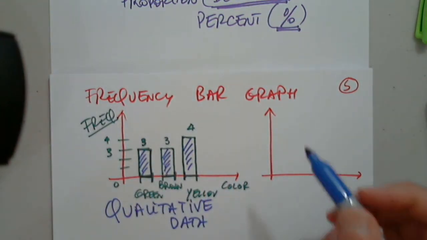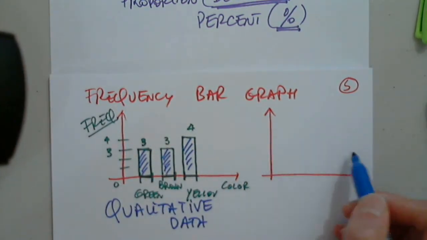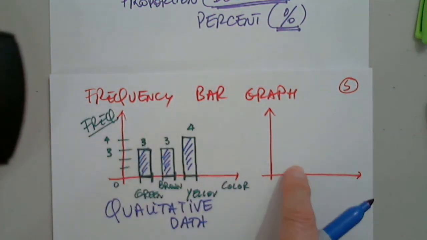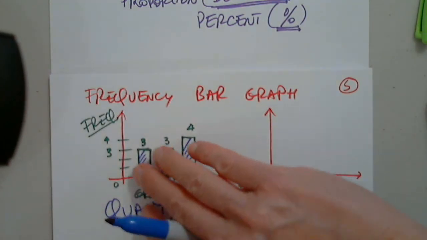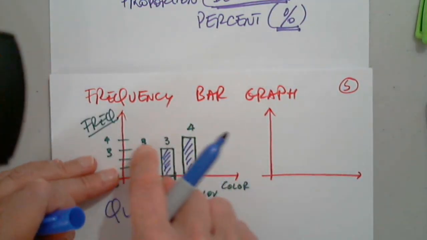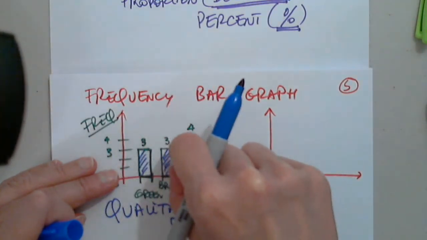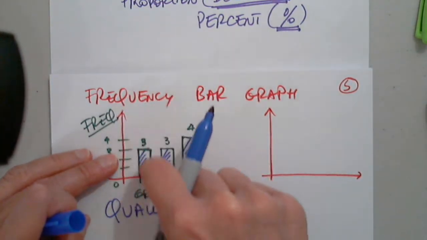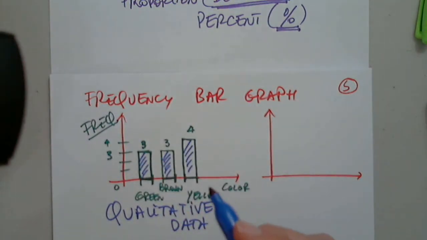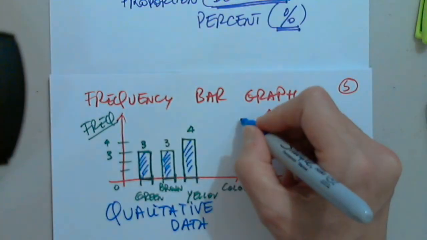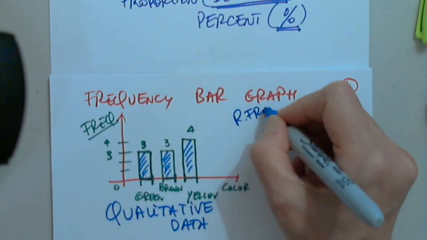The same thing I can do horizontally, but I will prefer to present here the relative frequency. You can turn this around and put it horizontally, so you'll have this bar up here, and you will have the next one. It doesn't matter which order you prefer. But here I would like to show color and the relative frequency.